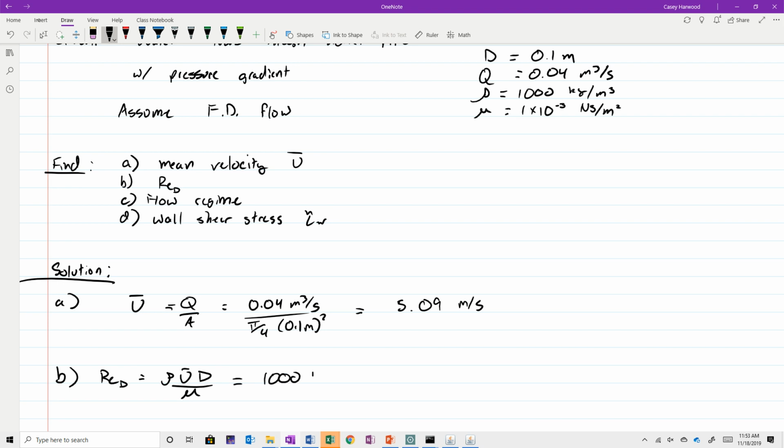It's going to be that 1,000 kilograms per cubic meter times our new 5.09 meters per second times the 0.1 meter diameter, all over 1 times 10 to the -3rd Newton second per meter squared.